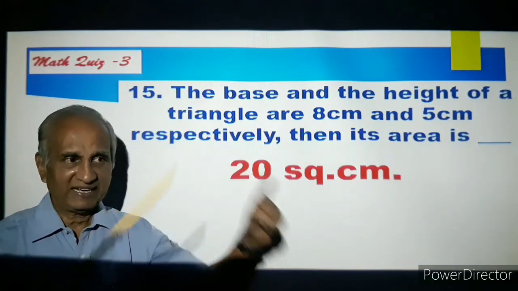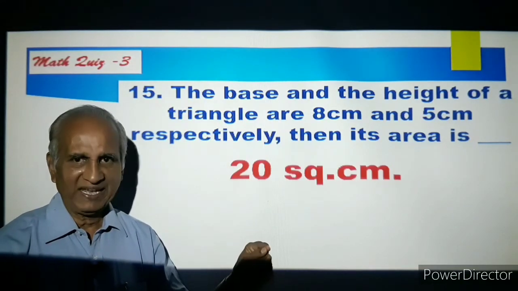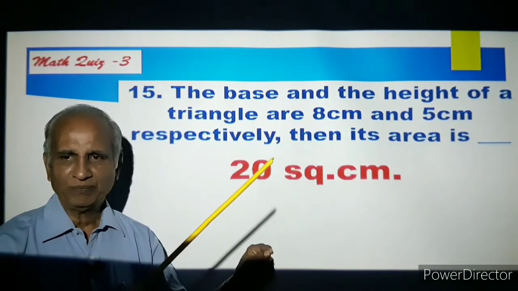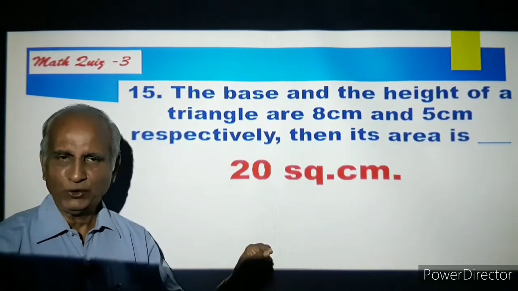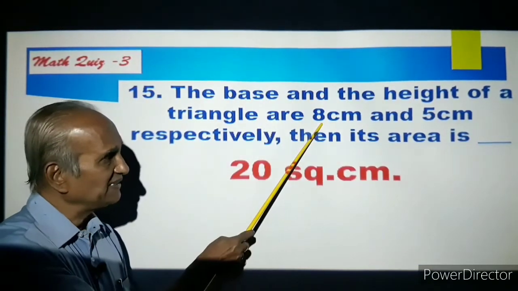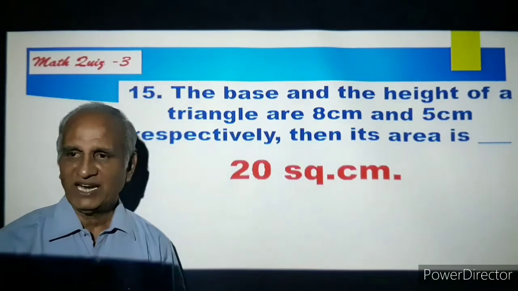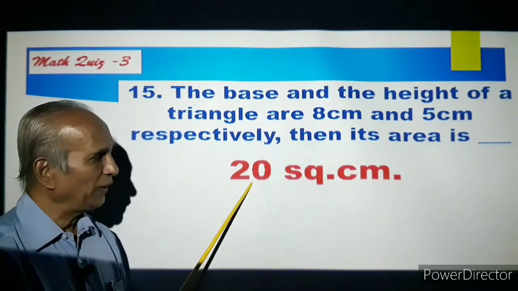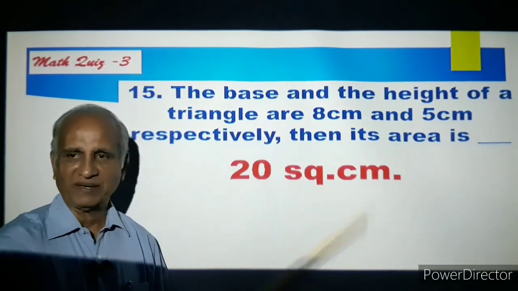In a triangle, it is base multiplied by height divided by 2. Base into height divided by 2. Base is 8, height is 5. 8 5s are 40. 40 divided by 2 is 20 square centimeters.